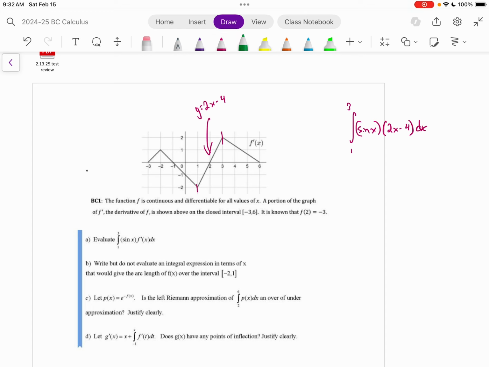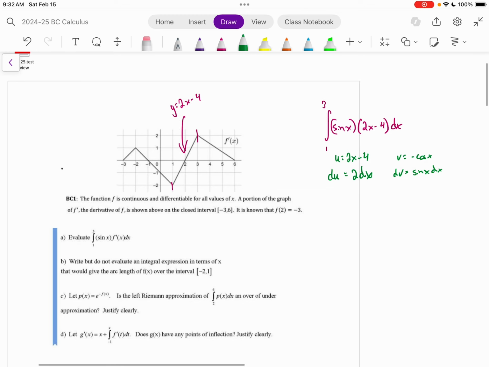So we're going to set u to be an algebraic function, not a trig function. So du is that, and then we have 2 dx. And that would make dv sine x, so v is going to be negative cosine x, I believe.